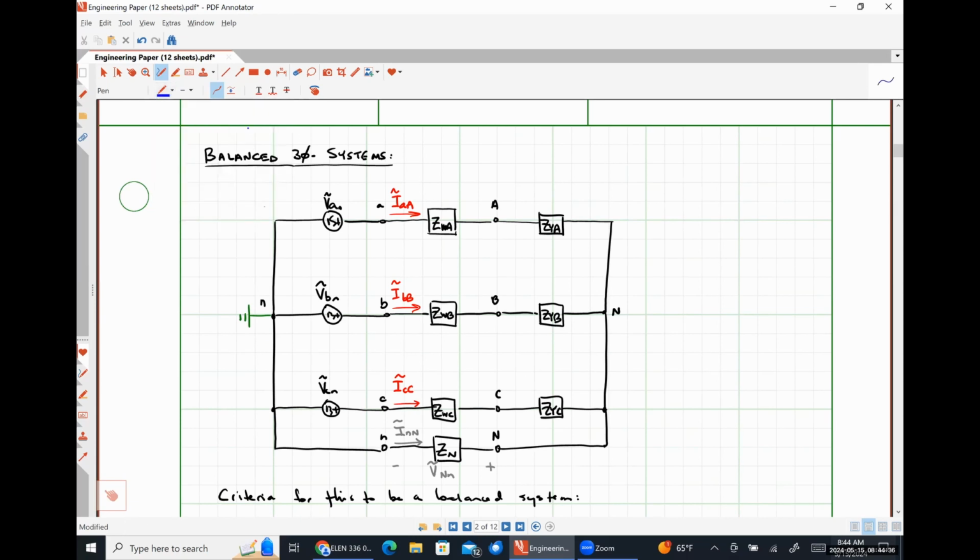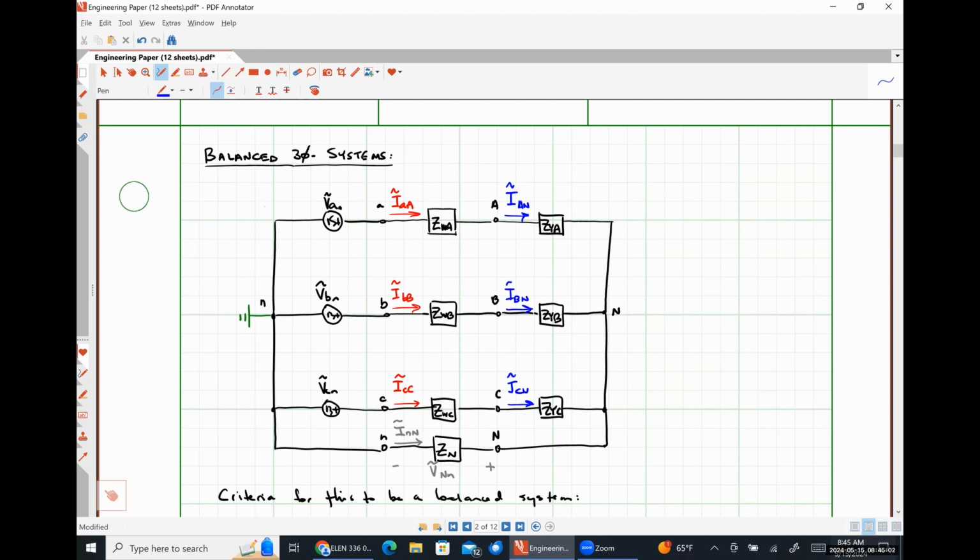We're just going to talk our way through this without explicitly showing things, but here is our phase current, IAN, IBN, and ICN.